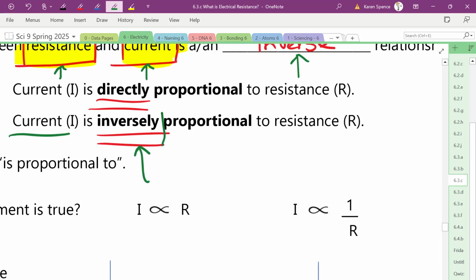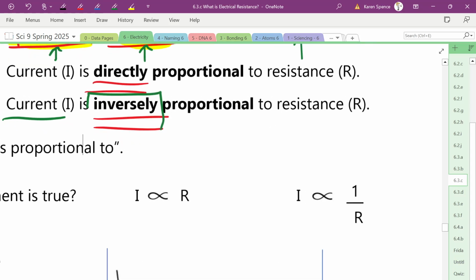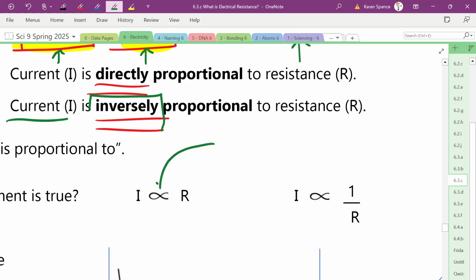Current is inversely proportional to resistance. So which statement is true? Remember, this little symbol here means is proportional to.